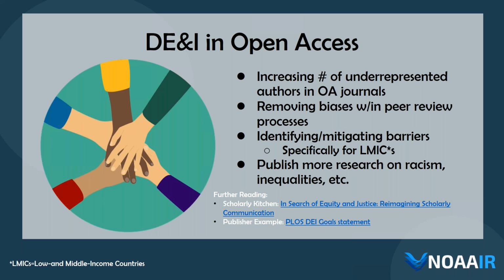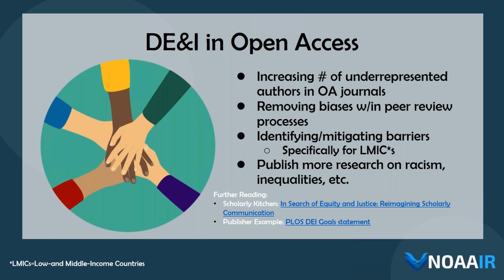However, the theme this year is about building structural equity. And what does that mean? A lot of that would mean we need to increase the number of underrepresented authors in open access journals. We're talking about removing biases within the peer review process to ensure that it's equitable, identifying and mitigating barriers to open access.